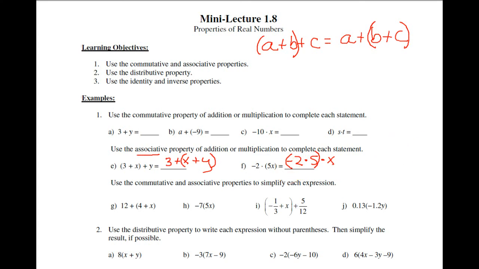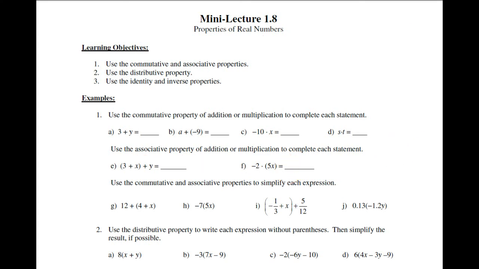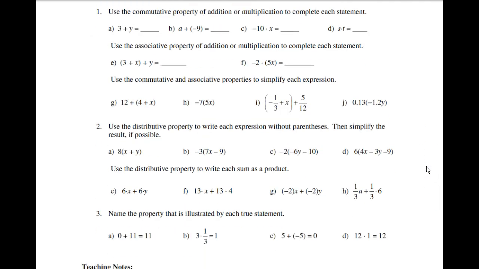Now, in this next case, they're asking us to use these rules to simplify. So basically, and we do this all the time, we're going to add these two right here. So this will be 16 plus x. And we're going to do this here. This will be a negative 35x.